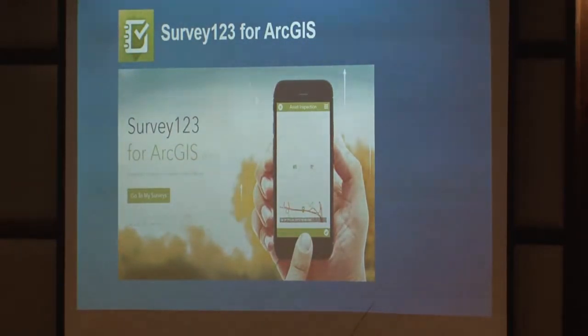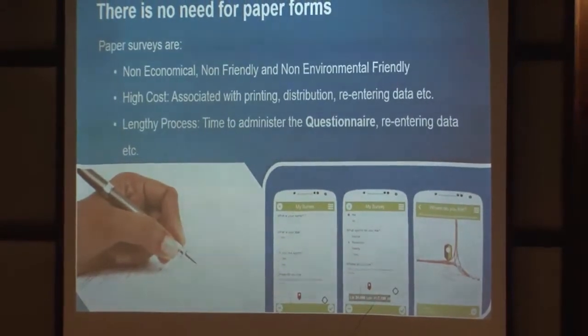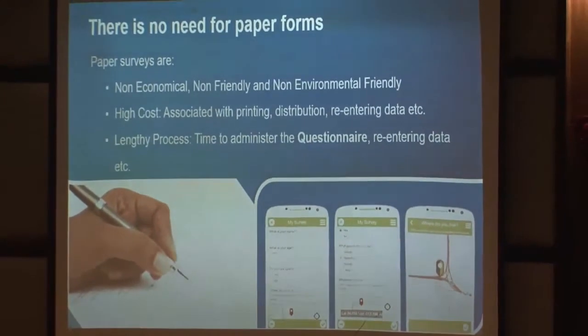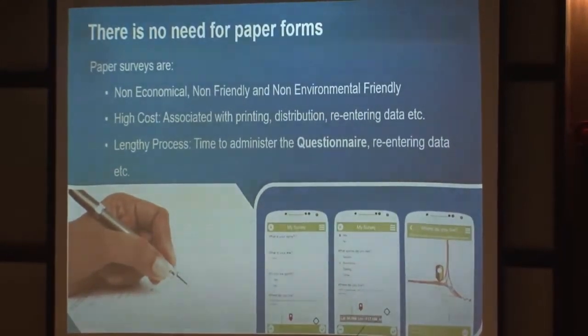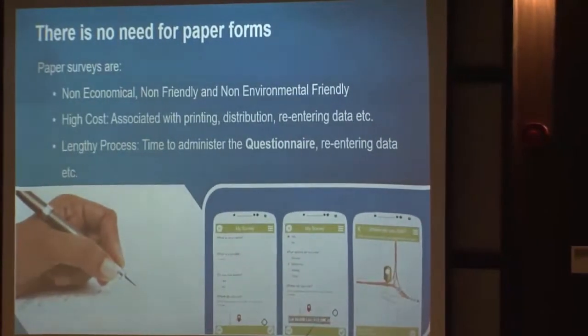I mean, if a number of you are doing data collection, you all know the kind of problems that are experienced with paper forms, from being non-economical to not environmentally friendly, and then the cost of distribution and printing and the lengthy process for which people have to actually fill this kind of information. So with the fact that we have Survey 123 in your smart devices, it nullifies a number of these problems or challenges that you're experiencing when you're trying to capture data.